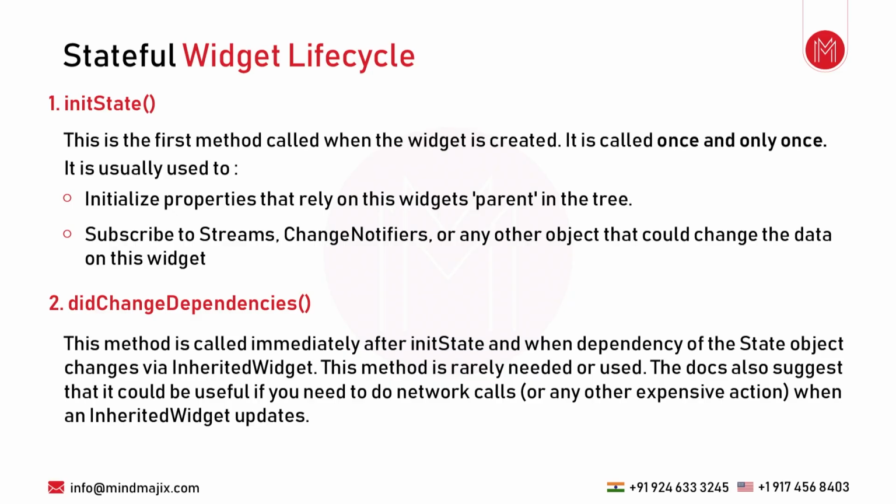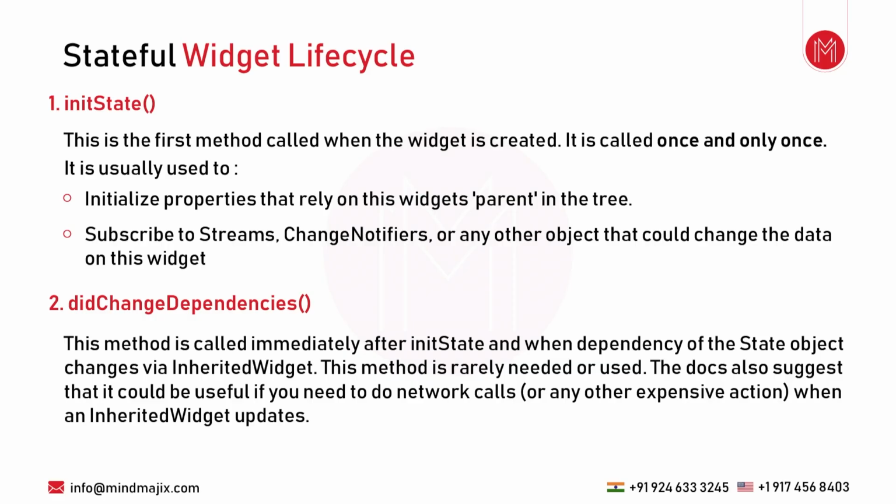This method is rarely needed or used. The Flutter docs also suggest that it could be useful if you need to do some remote calls when an inherited widget updates. This concept is not that important. I have been building apps for a lot of years, and this thing is not important.